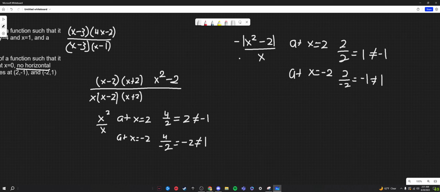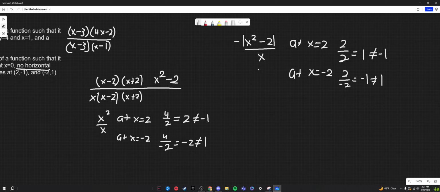This is very much not necessarily needed. You could add just the negative sign down to the bottom, because x squared minus 2 for all real numbers x is going to be positive anyway. So this is a more out there answer. You could just add a negative sign to our x here.